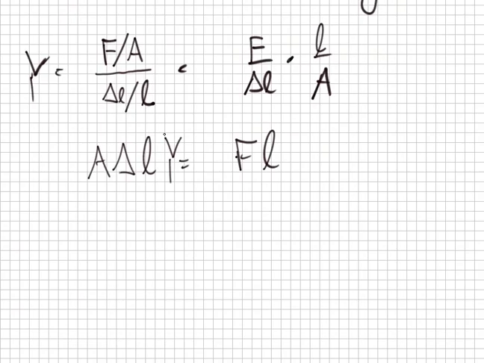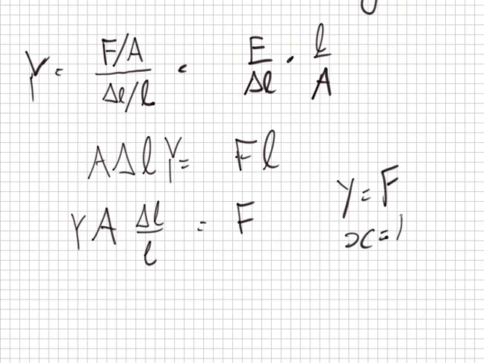Divide both sides by L. Now, on the graph, y equals F and x equals L plus delta L. Now, how on earth am I going to get that into that? We could add delta L on both sides instead of dividing.